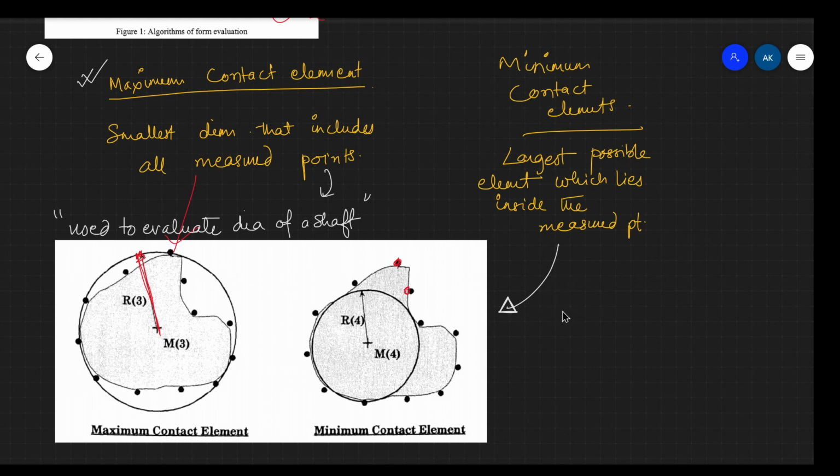It is used to measure the largest inside dia of a borehole. So these were the things which are very commonly used, and that's why I have covered the algorithms.